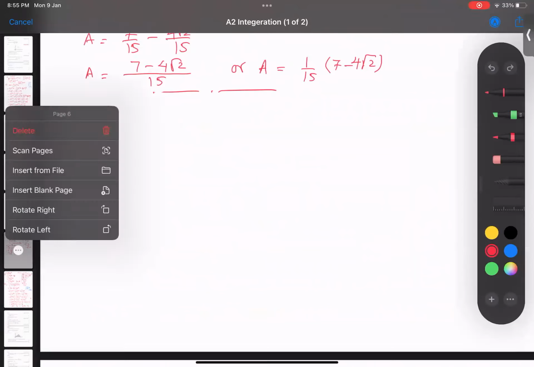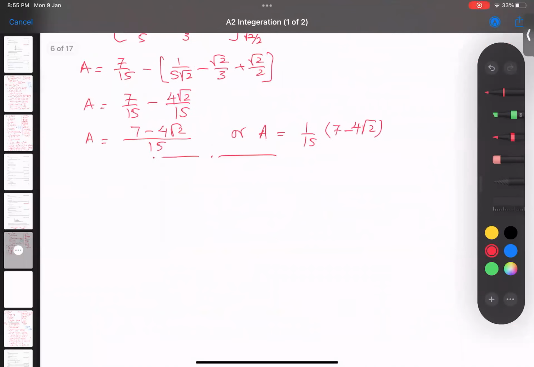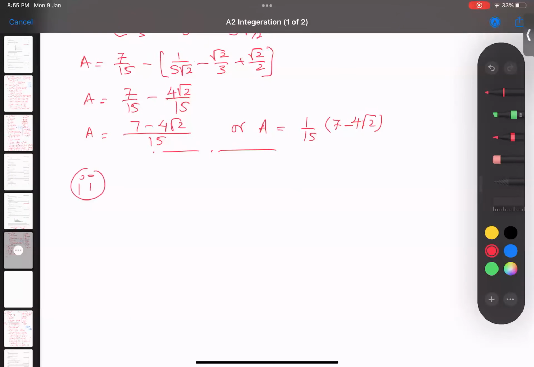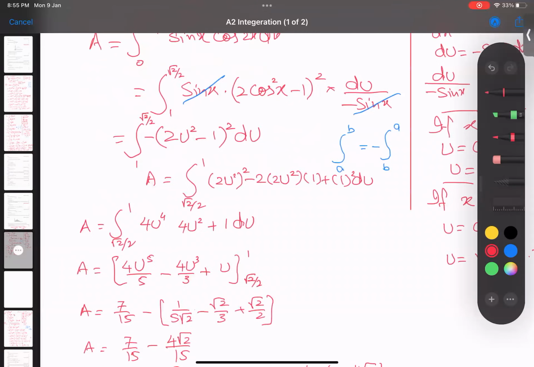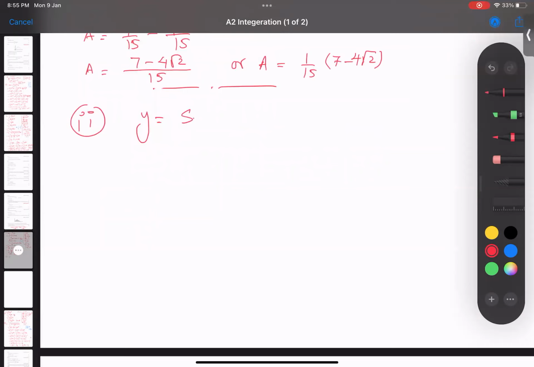So I'm going to do the second part, and we have the function y equals sine x cos squared double x. I have two techniques to do it.